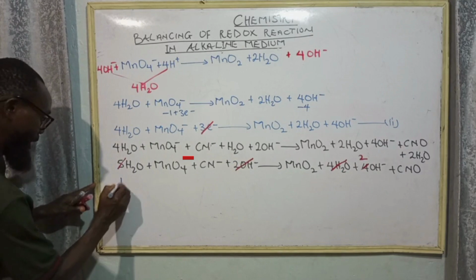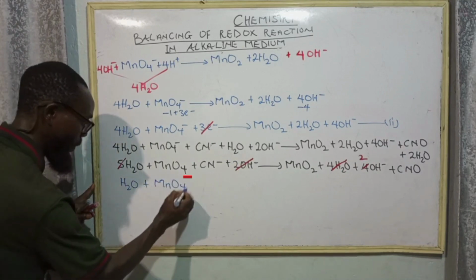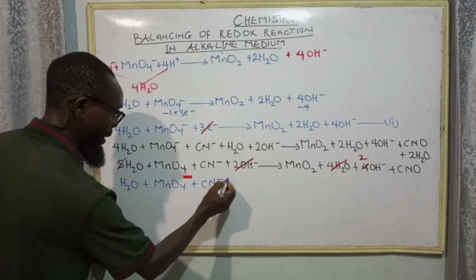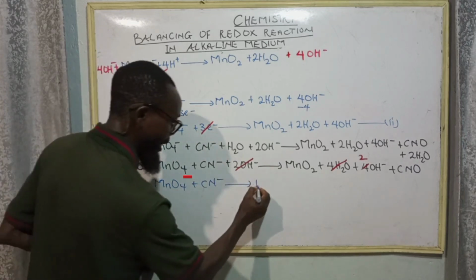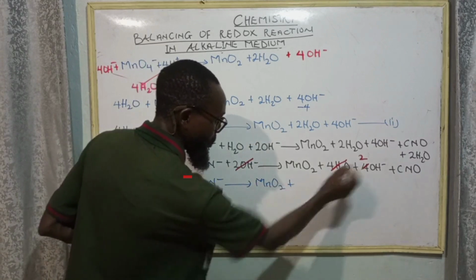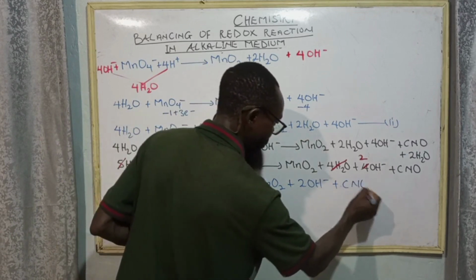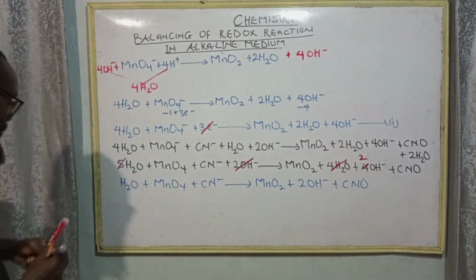Finally, I'm going to have this remaining one, H2O plus MnO4 minus plus CN minus to give me MnO2 plus 2OH minus plus CNO minus. Okay, let's look at if it's balanced.